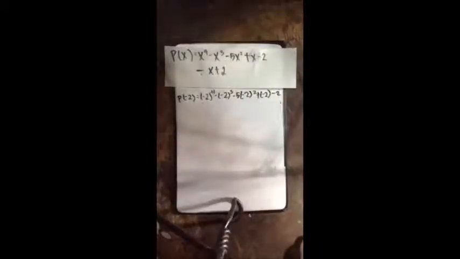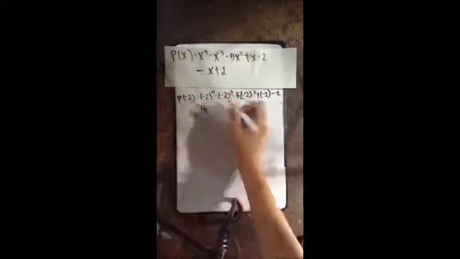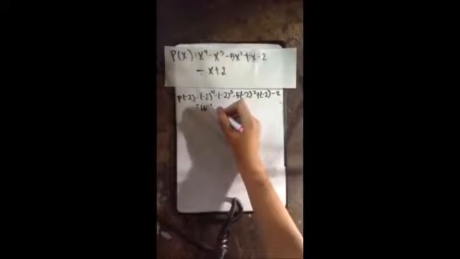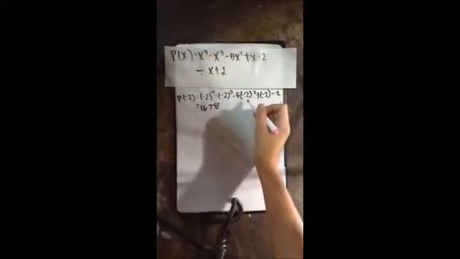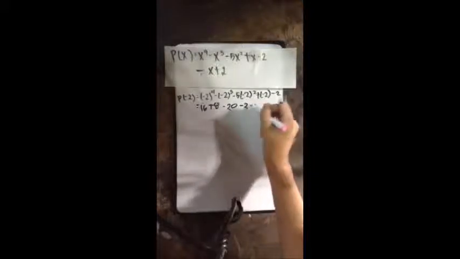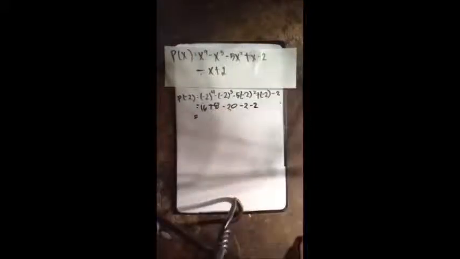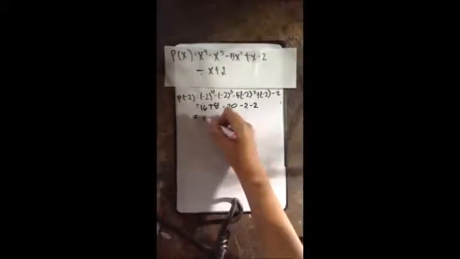So negative 2 raised to the fourth is equal to 16. Negative times negative 2 cubed is equal to positive 8. Negative 5 times negative 2 squared is equal to negative 20. Bring down negative 2 minus 2. 16 plus 8 is equal to 24.